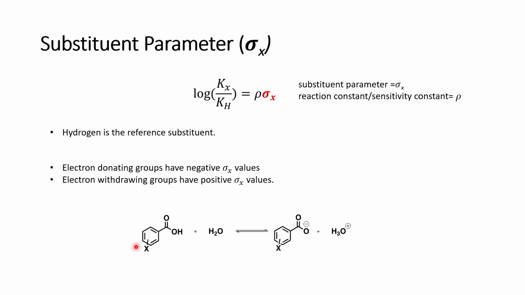Now I will describe how the electron donating groups and electron withdrawing groups can affect the reaction rate of the deprotonation of the benzoic acid depending on their substitution. So in the next slide you can see how a Hammett plot is drawn for the deprotonation of the benzoic acid considering the electron donating and withdrawing ability.